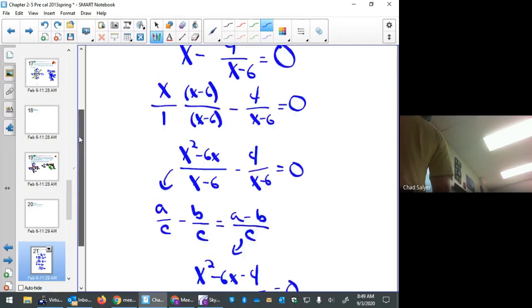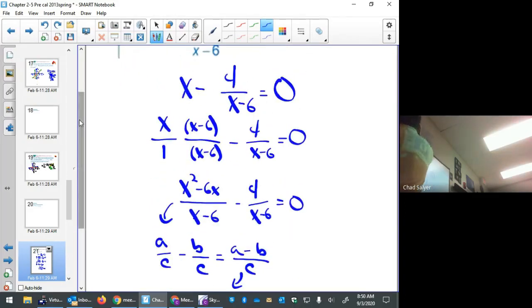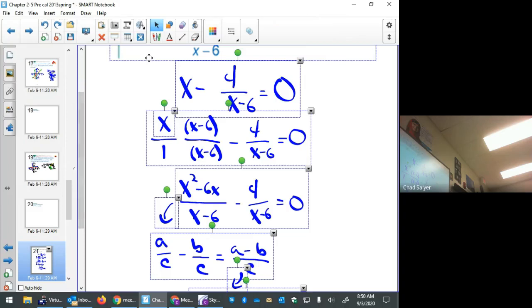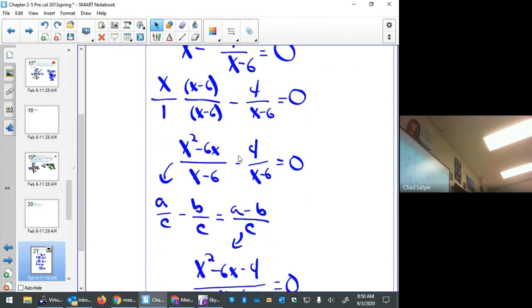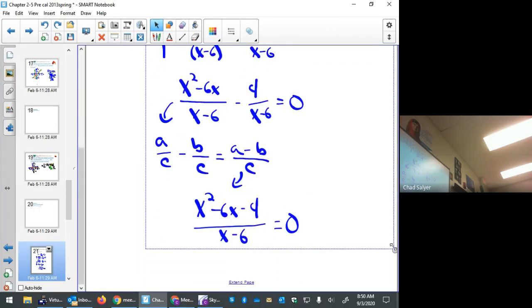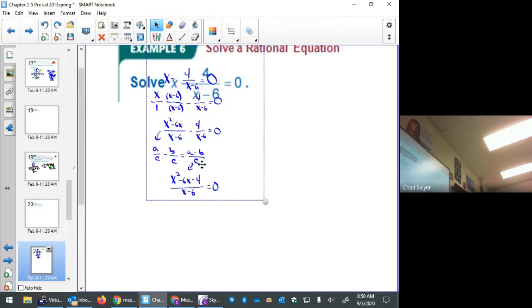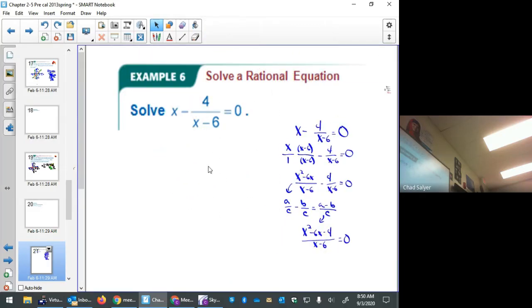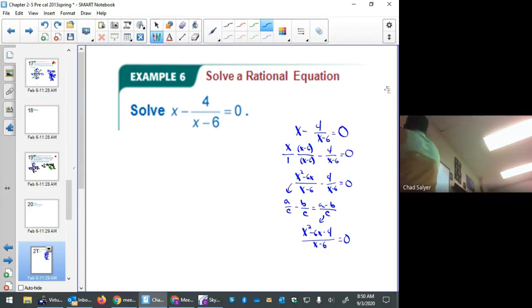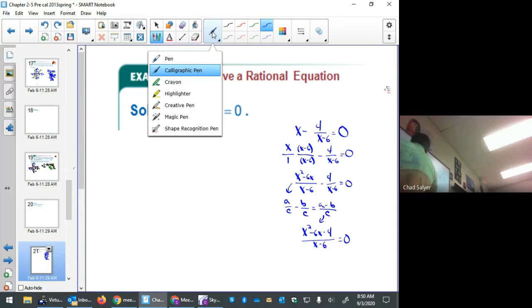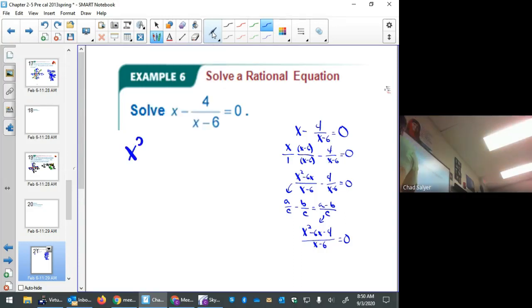So let's see here. Let's shrink all this down. It's getting a little unwieldy. Okay, there we go. So that means the numerator is equal to 0.